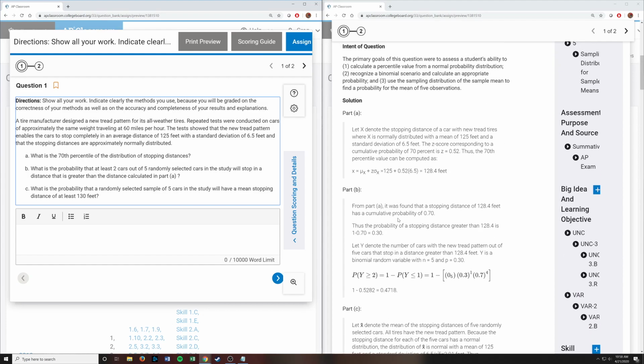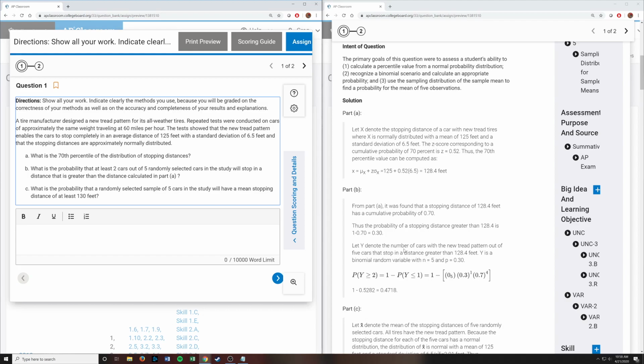So for part B here, they said that in part A, we calculated that this is the distance that has a probability of 0.7. So the probability of getting a distance greater than this is 0.3. Again, they define the variable.